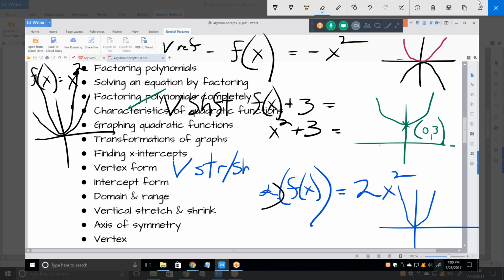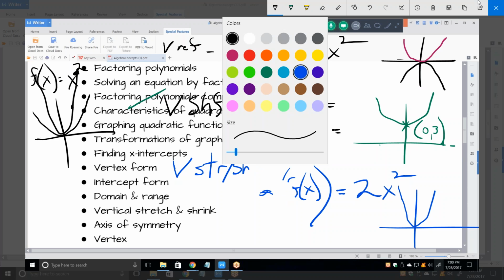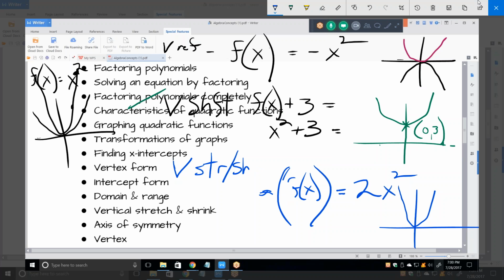Now, why do I say vertical stretch or shrink? It's because a shrink makes the appearance different. What causes a shrink is a number less than 1.